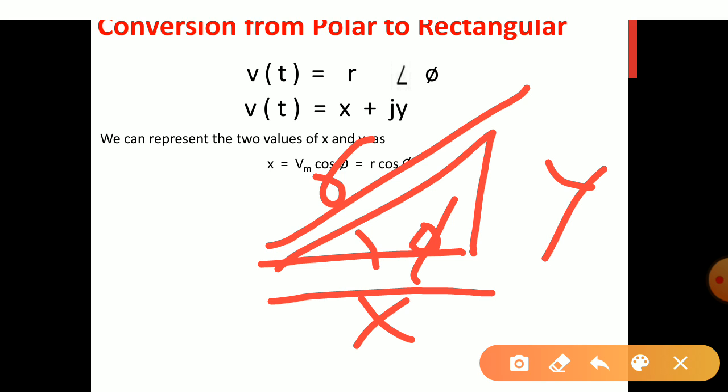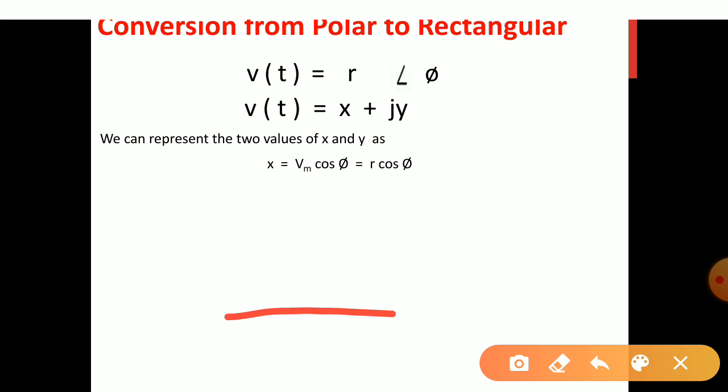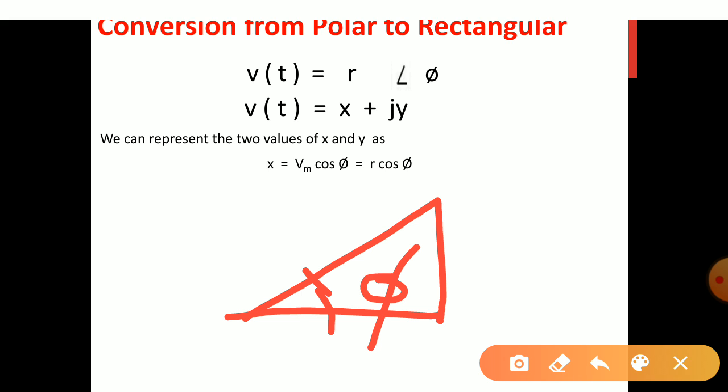We know r is Vm. Now what will be the value of x? As x is the unknown part, x is r cos phi or Vm cos phi. Similarly, once again we see for the sinusoid, sine of phi of this angle is y divided by r.